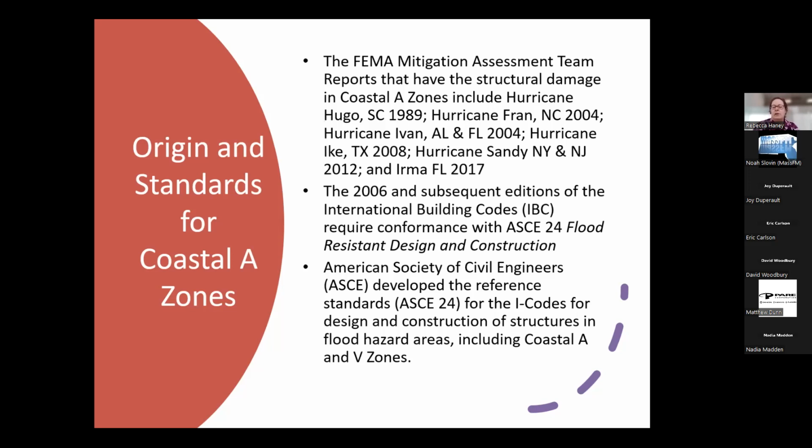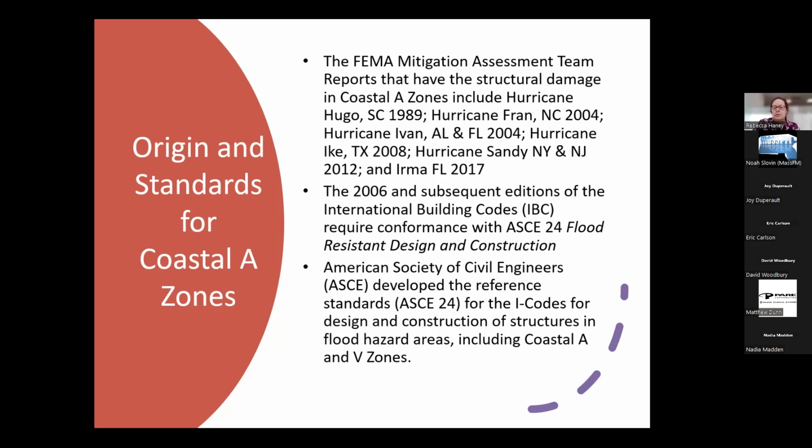There's been a lot of documentation of the damages they're seeing to things built to traditional A zone standards. So the 2006 and subsequent editions of the International Building Code require conformance with ASCE 24, flood resistant design and construction. And that includes building structures in coastal A zones to V zone standards.